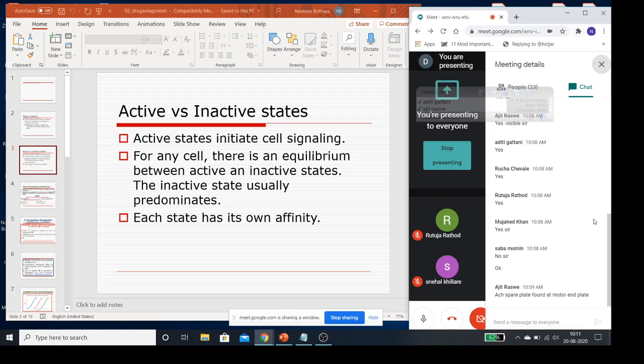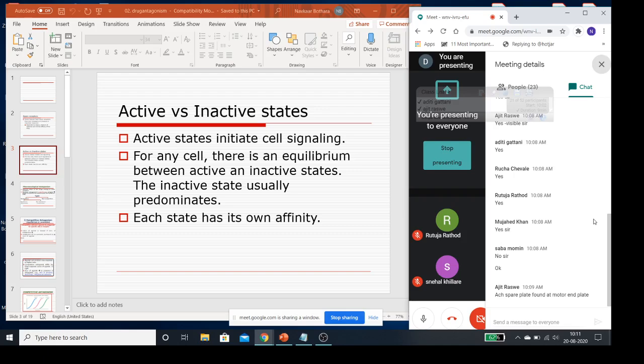If anything binds to the receptor and keeps it in the inactive state, it is not allowing it to go into the active state. So if it doesn't go to the active state, then either the ligand or agonist will not be binding, and because of that the activity will not be there. Okay. So this is also important.